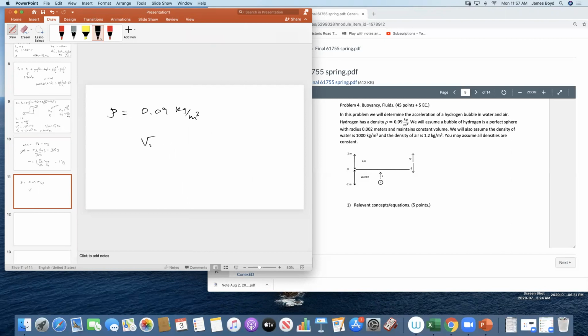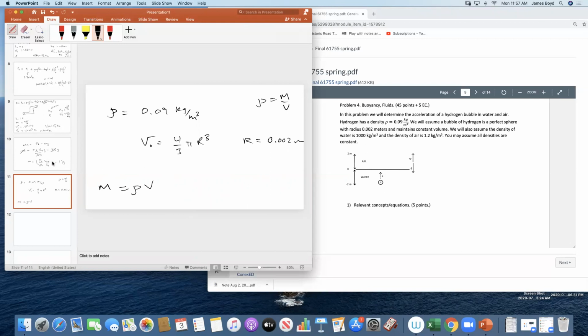So the volume of the object, in this case hydrogen, is 4/3 pi r cubed, where r is 0.002 meters. You can plug that in, but we don't need to worry about that at the moment. First thing I asked was for the mass. Remember that density is mass over volume, so mass is density times volume. Plug that number in, and you get the mass.